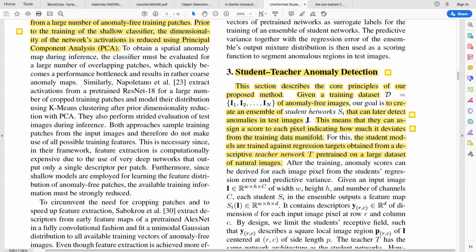So we will come back to this in detail, the student-teacher anomaly detection, to understand the details of this.